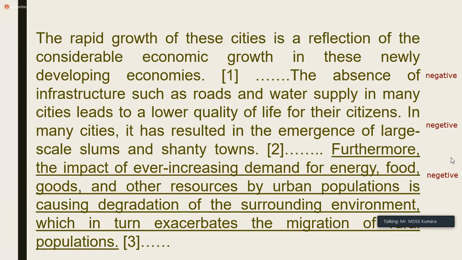Can we insert the sentence at position 3 here? The sentence gives a negative impact of urbanization, and it begins with the conjunction yet. Can we insert it at position 3? Yes or no?